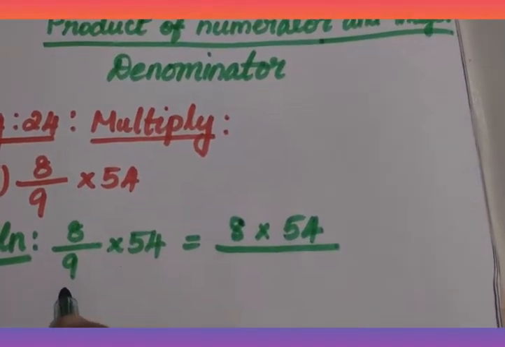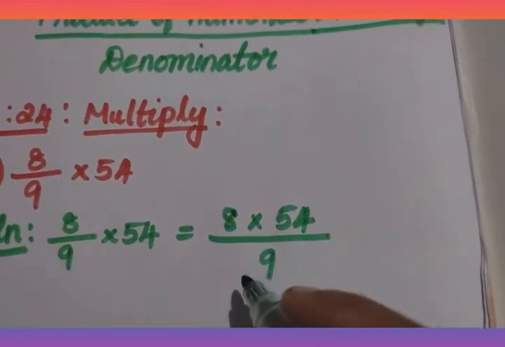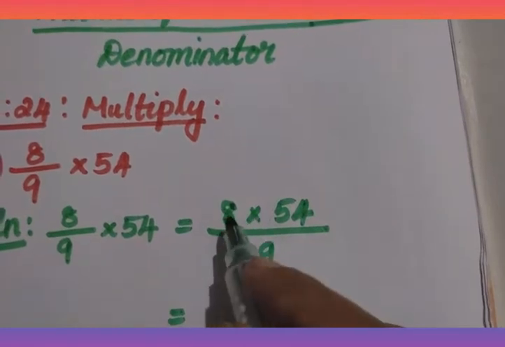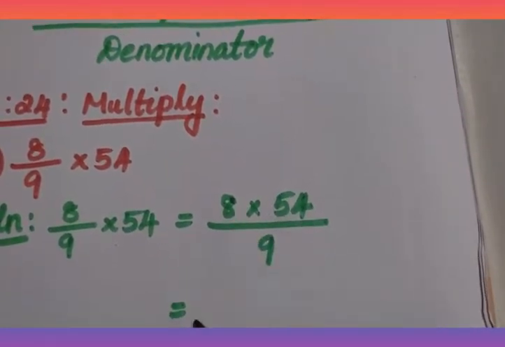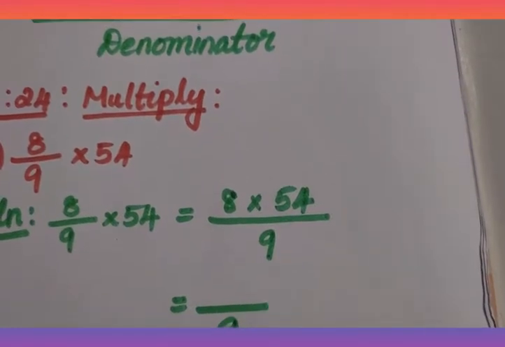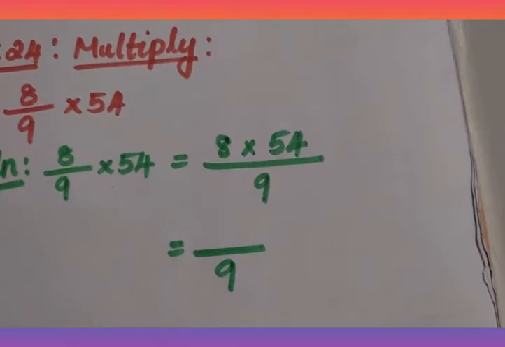Denominator, we have only one number, it's 9. That 9 as it is we have to write. So find the product of 8 and 54 and write it in the numerator part, and write 9 in the denominator part.